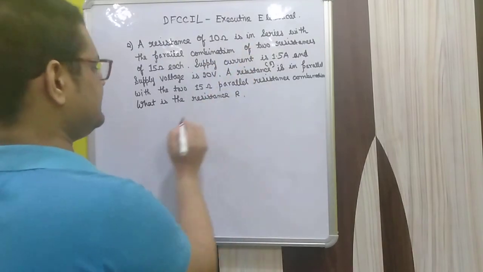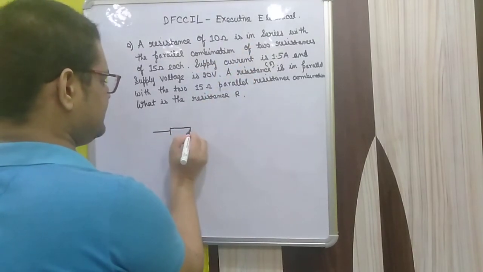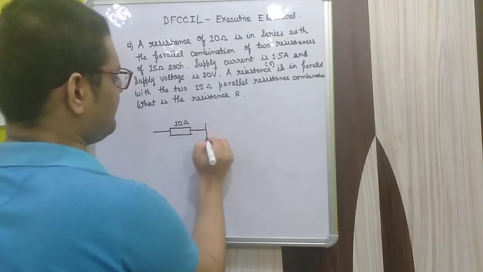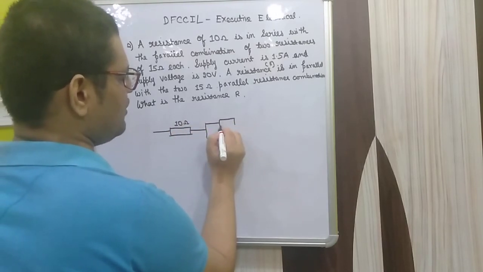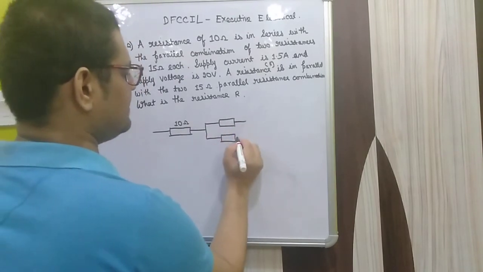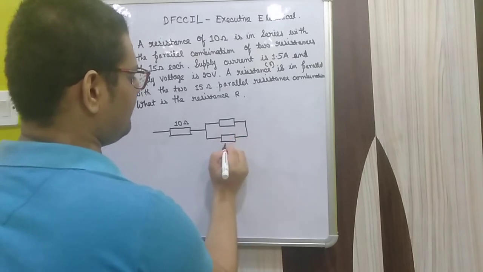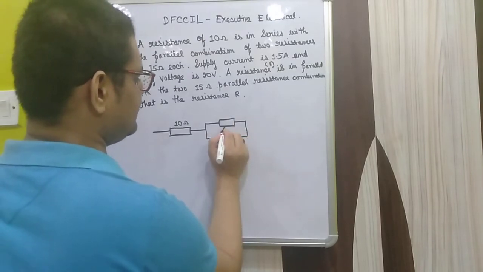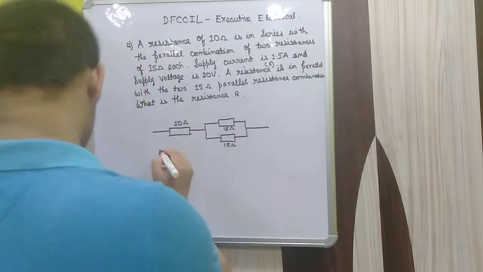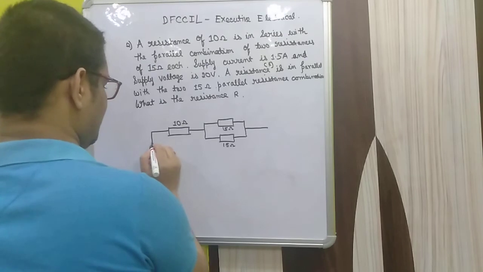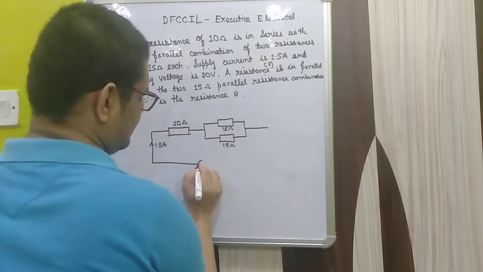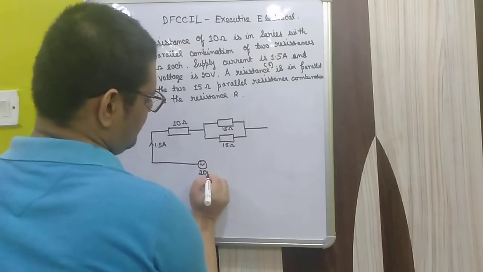That resistance is in series, that is the 10 ohm resistance. This 10 ohm resistance is in series with the parallel combination of two 15 ohm resistances. Here is the supply current, that is 1.5 ampere, and here is the voltage source, that is 20 volt.